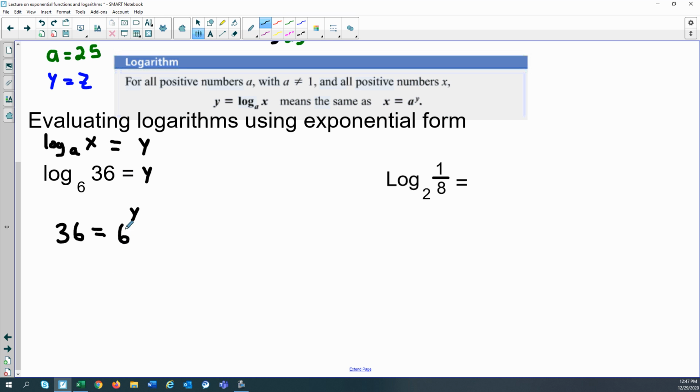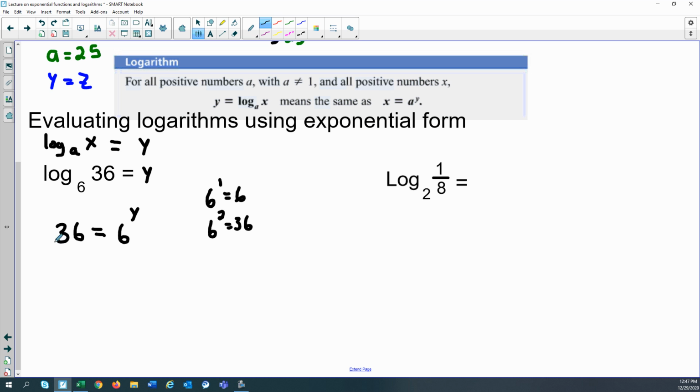Now, you may be able to identify the answer right away by looking at what exponent, 6 to what exponent will give us 36. But the next step will sort of verify that: we want to turn 36 into 6 to the power of something. And remember, we have 6 to the power of 1 equals 6. 6 squared equals 36, and so on.